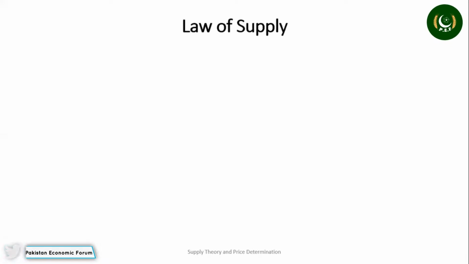Now let's discuss the law of supply. Students, selling more and more quantity of a commodity brings revenue to the producer, and at higher prices there are more benefits to the producer if he sells higher quantities.